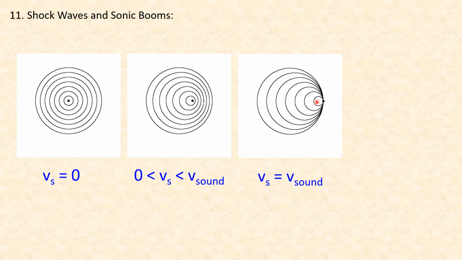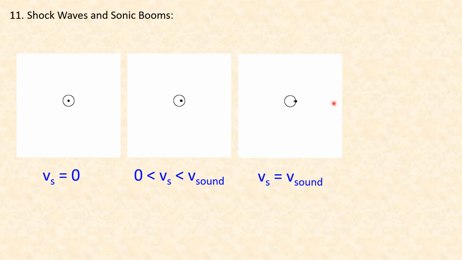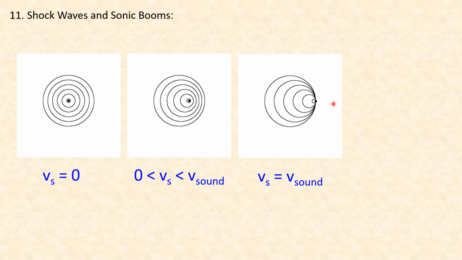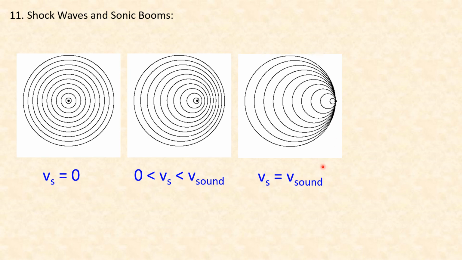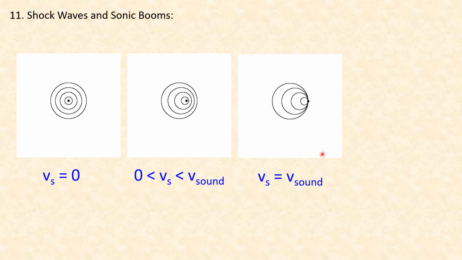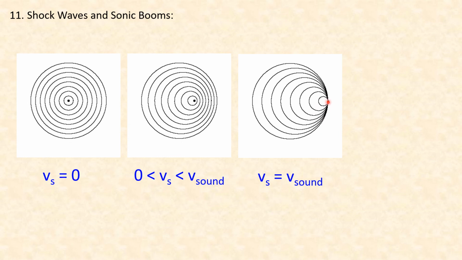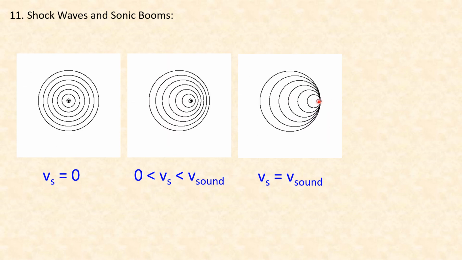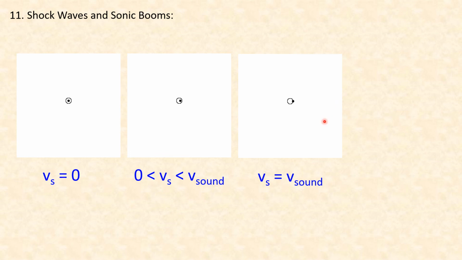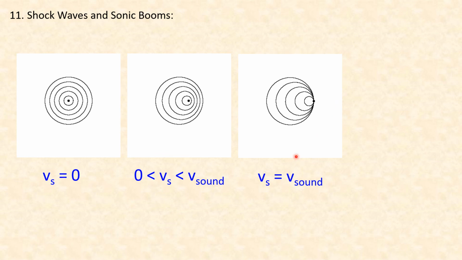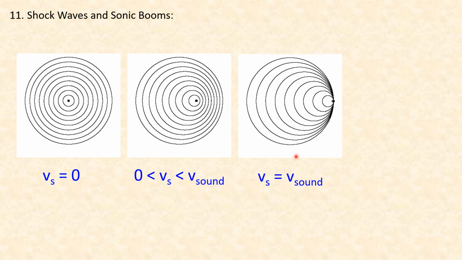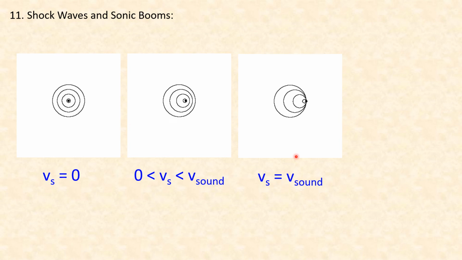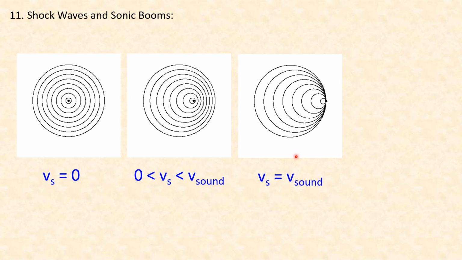The source of sound emits a wave, and that wave is traveling at the speed of sound in the medium, but so is the source of sound. It's also traveling at the same speed. So you see here how the sound source is always right at the wavefront that it has just emitted.